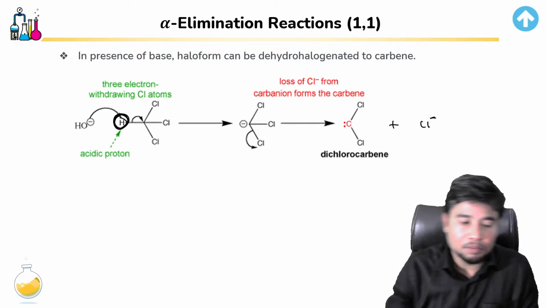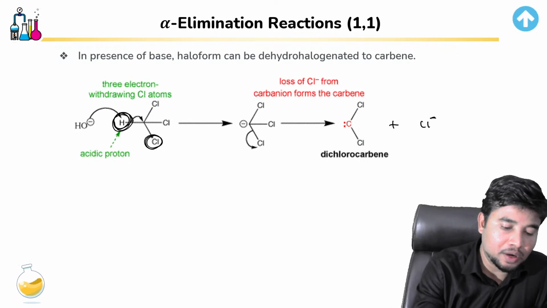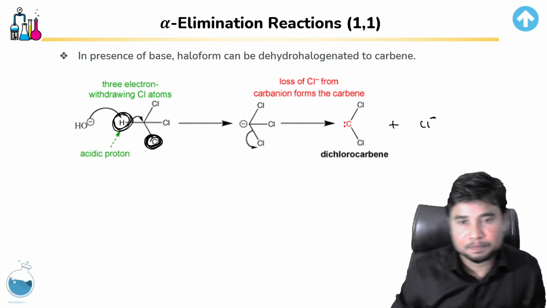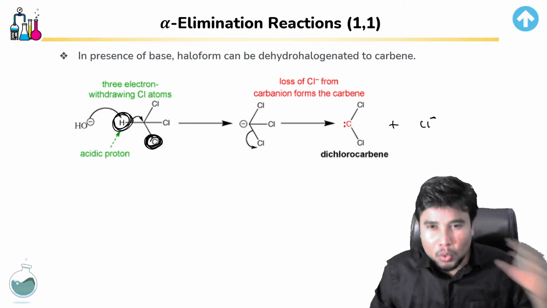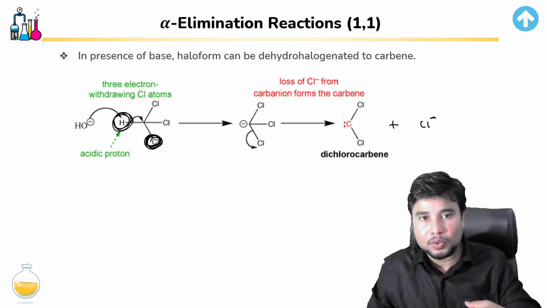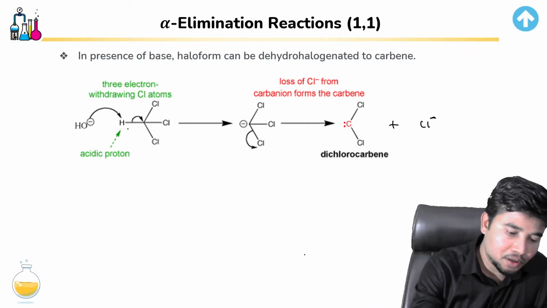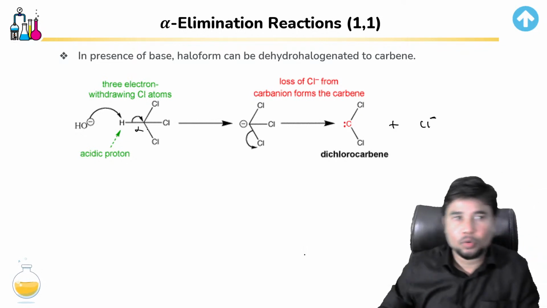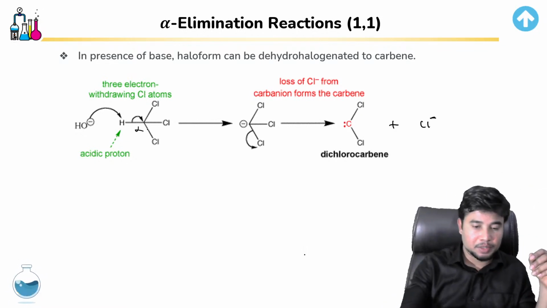Why alpha? Both hydrogen and chlorine are released or eliminated from the same atom. Observe that both halogen and hydrogen are being released from the same atom, 1,1. For that reason, it is alpha elimination. I hope alpha elimination is clear. This much is sufficient for alpha elimination.